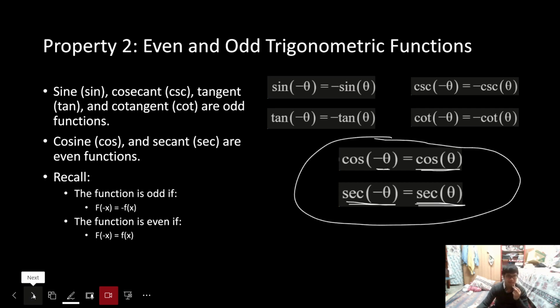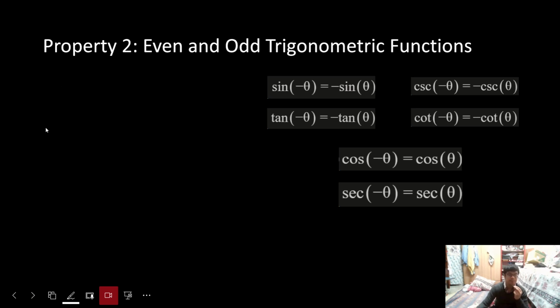So let me give you some examples. Let's just say I have sine of negative 45 degrees. If you're going to use your calculator, sine of negative 45 degrees is negative square root of 2 all over 2.